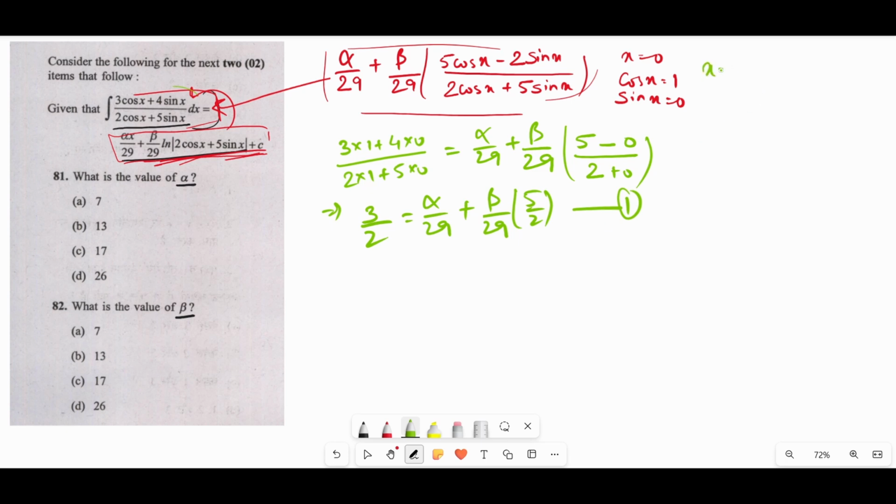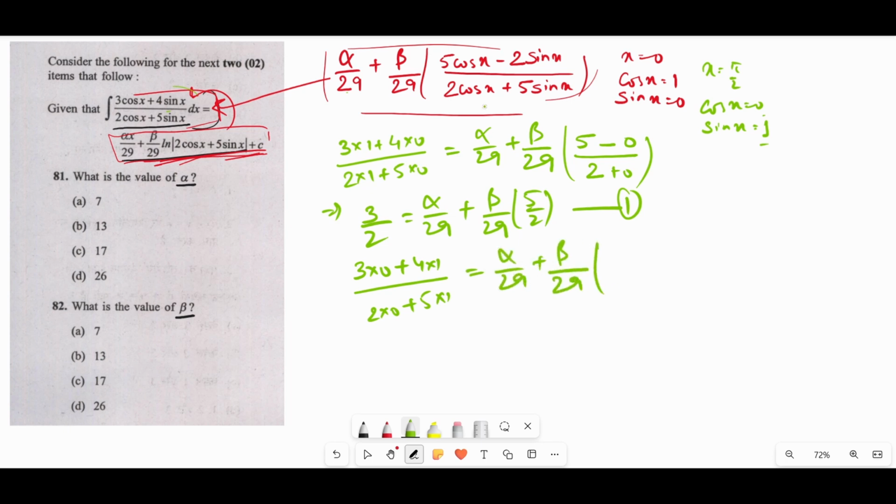Similarly, if we put x is equal to pi by 2, we get cos x is 0 and sin x is 1. And on putting these values here, we get (3 into 0 plus 4 into 1) by (2 into 0 plus 5 into 1) is equal to alpha by 29 plus beta by 29.